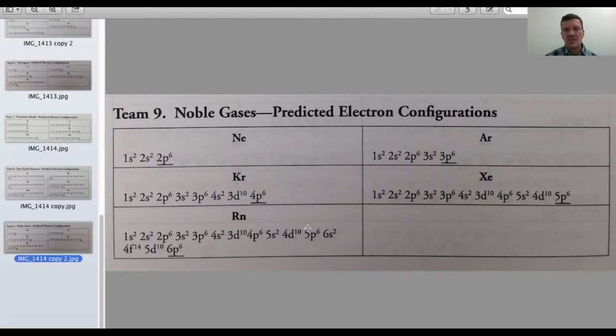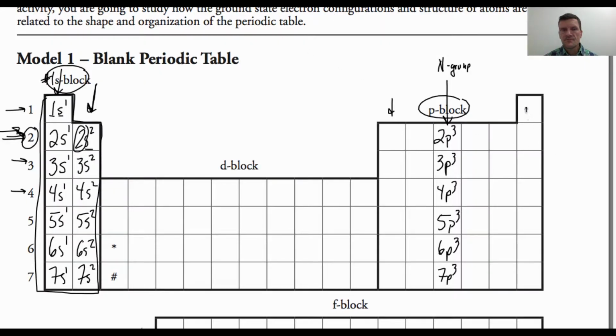So if we were to fill those in, this is 2p6, 3p6, 4p6, 5p6, 6p6, and this would be 7p6 if there was an element there.